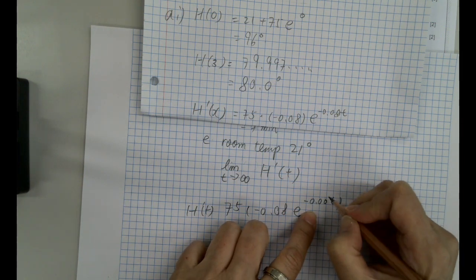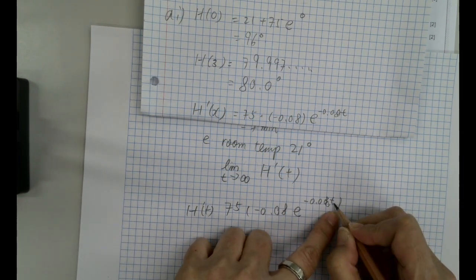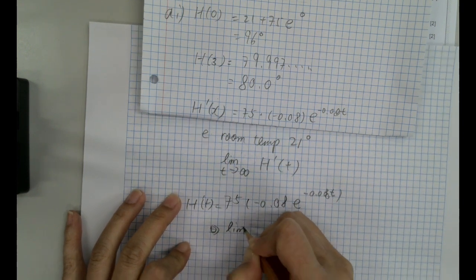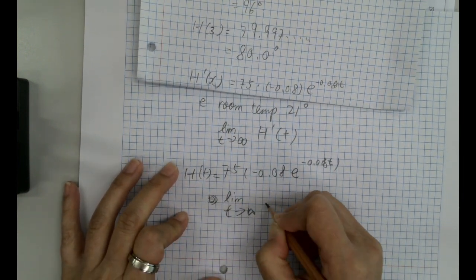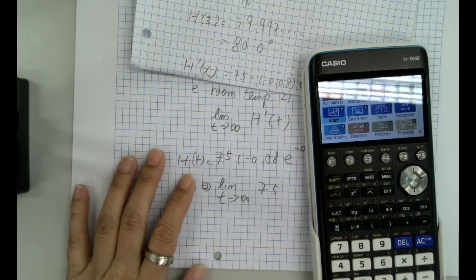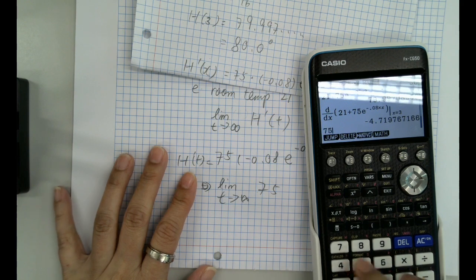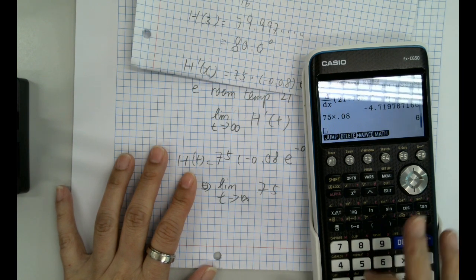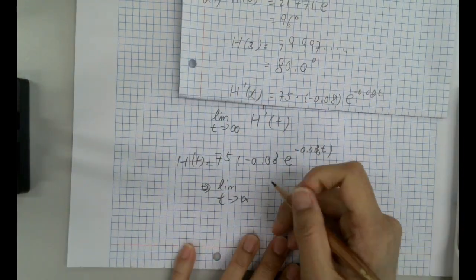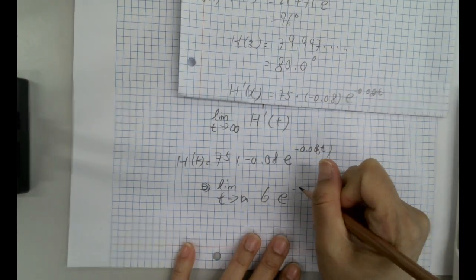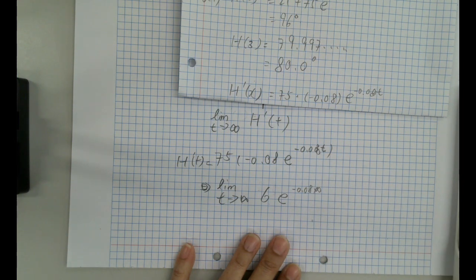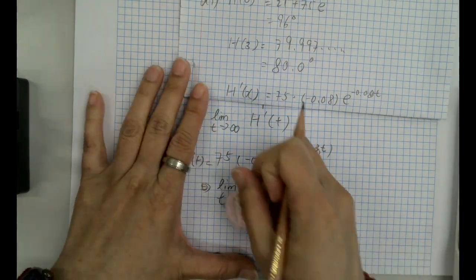So for the limit as t tends to infinity, we will have 75 times 0.08. Oh God, it's 6. So 6 times e to the power negative 0.08 infinity. Yeah, we can just let it tend there.